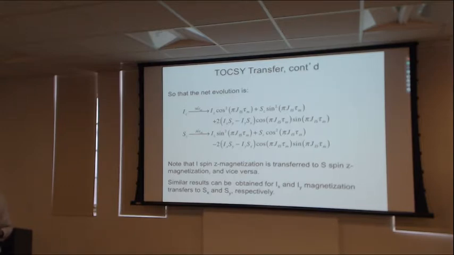If I had three spins, I can't work out the analytic results, but it's probably easy for you to see, since the first coupling transfers Iz magnetization to Sz magnetization, if that S spin was coupled to an R spin, then the Sz magnetization that's building up is going to start to transfer to the Rz operator.